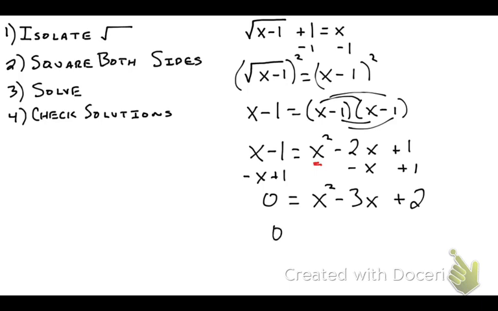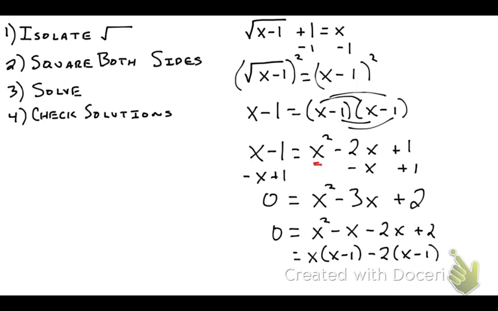Well, if we use the AC method, this would have come from x squared minus 1x minus 2x plus 2. And using grouping, this would be x minus 1 minus 2 times x minus 1, which means that this factors into x minus 1 times x minus 2.